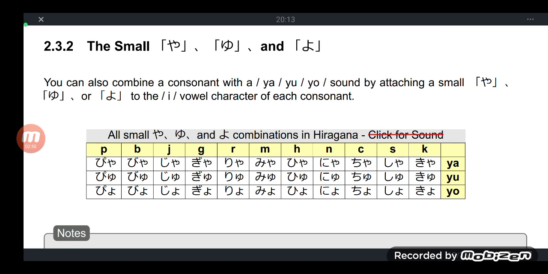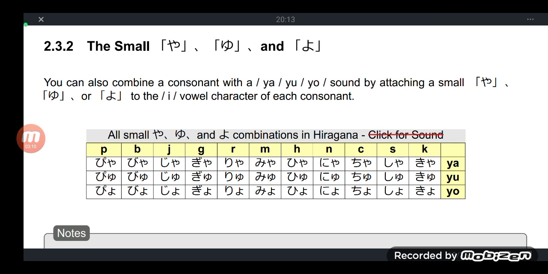As you can observe, the small ya, yu, and yo are significantly smaller in character size compared to a regular sized katakana or hiragana.